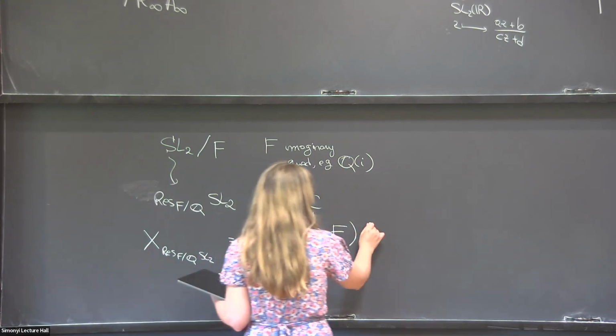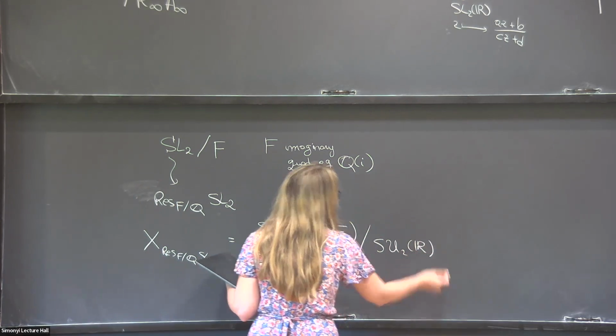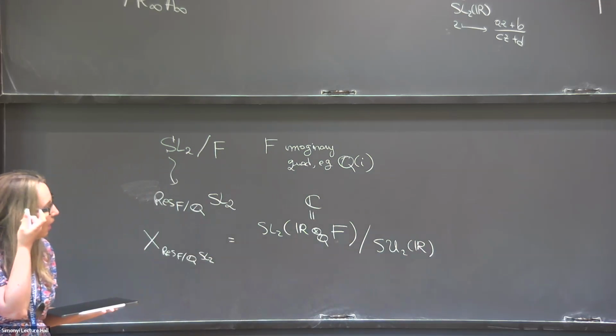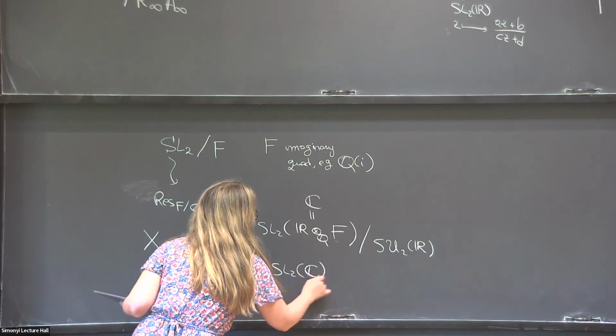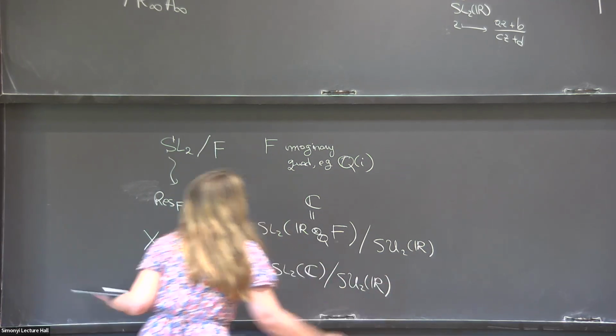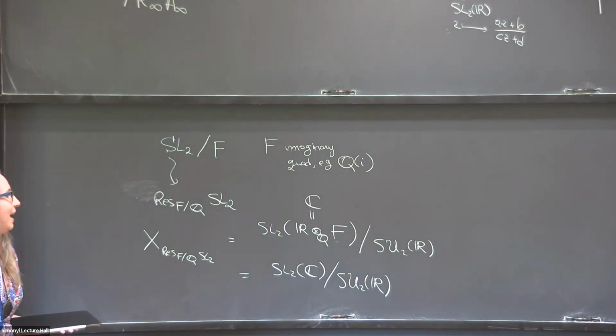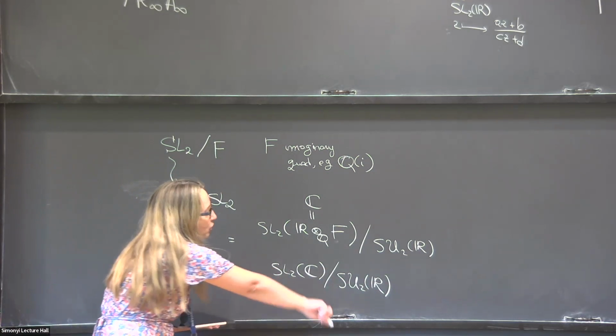And then it turns out the maximal compact subgroup is the group of unitary matrices. So this ends up being SL2(C), quotiented out by 2 by 2 unitary matrices. And as an exercise, if you haven't seen this before, you can compute the dimension.